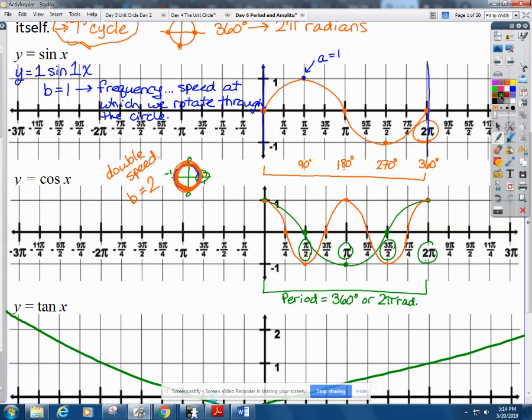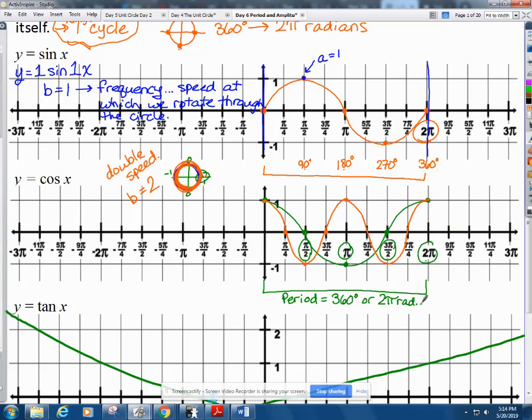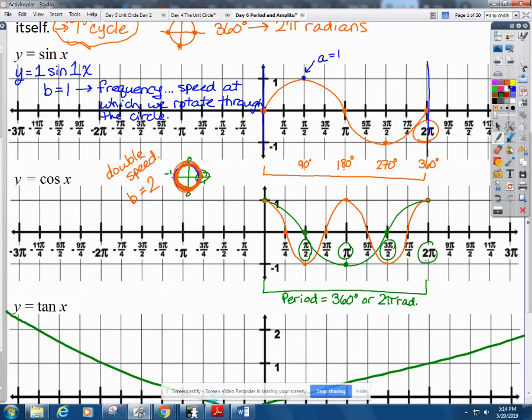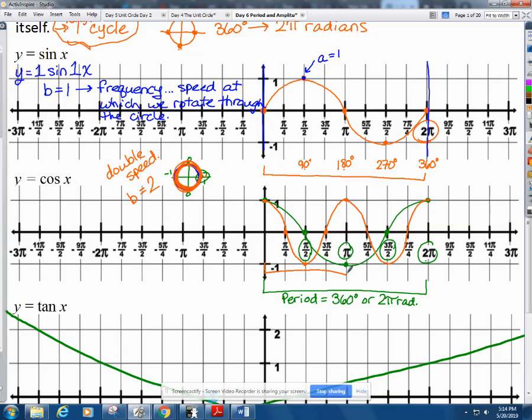Now, what would that mean for period? Well, the period, the length for one cycle, was 2 pi radians to get around the circle once, but not for me. The length of one cycle on my graph to go around one time, not mine, yours. You're speeding, I'm not. Okay, the length of one cycle here, I've got 2 complete curves here.